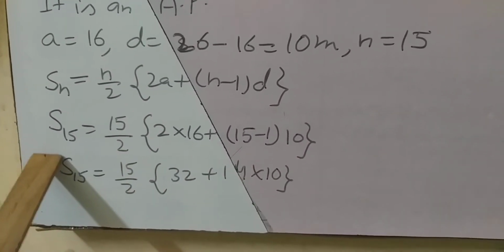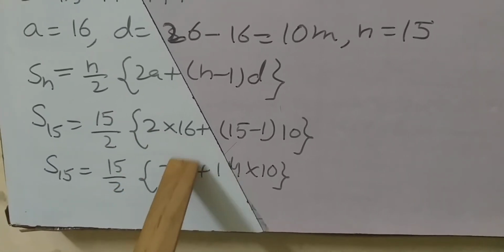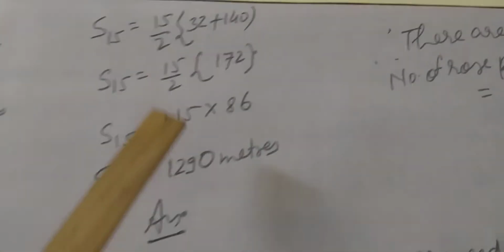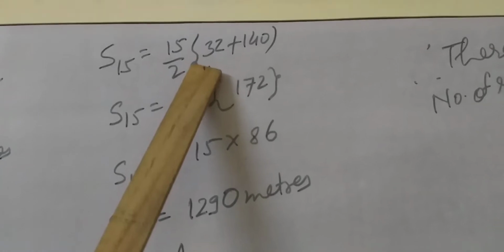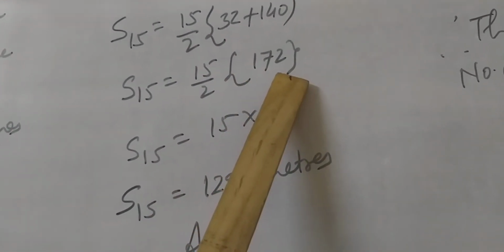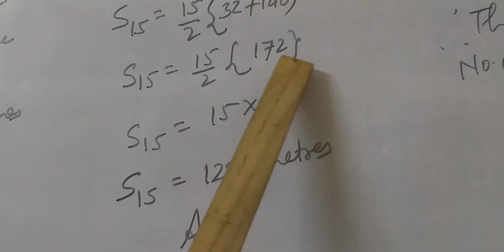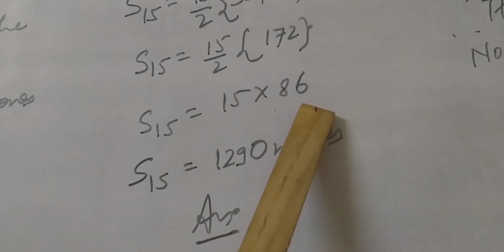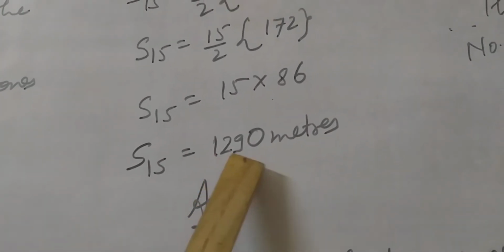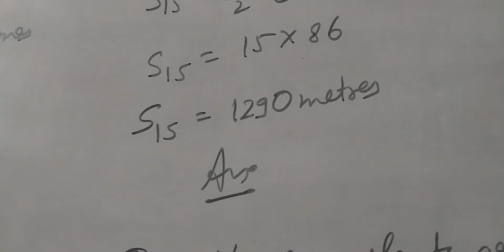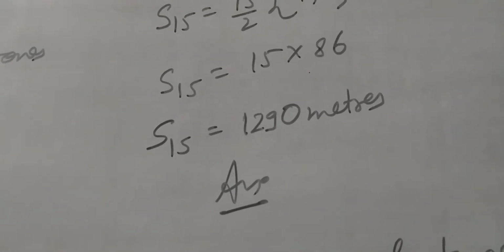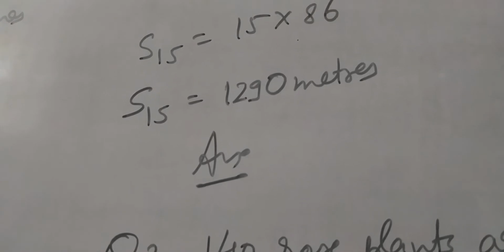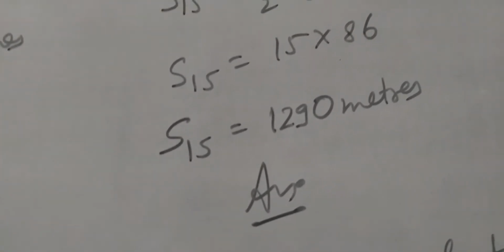Now students, do the calculation. 15 upon 2, 2 into 16 is 32, 15 minus 1 is 14, 14 into 10 is 140, 140 plus 32 is 172, and 172 divided by 2, the answer is 86. 15 into 86 equals 1290 meters. So the total distance covered for putting all the stones in the container is 1290 meters.